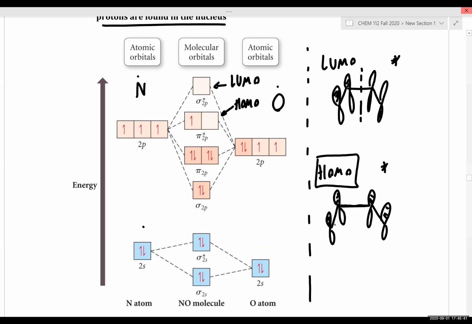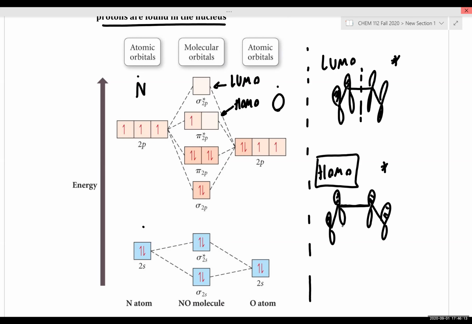So essentially, the HOMO and LUMO molecular orbitals describe the distribution of electron density in our molecule. And in turn, just like we can study the interactions between atomic orbitals, we can study the interaction between molecular orbitals of different molecules to understand bonding processes.